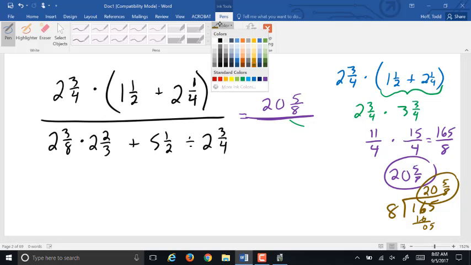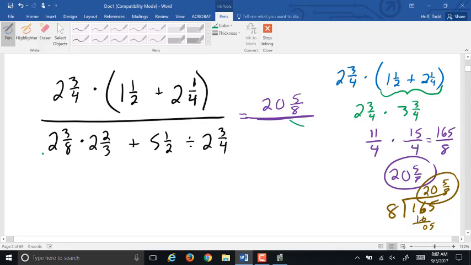On bottom, what do we have to do first? Multiplication and division, we're going to go left to right. 2 3/8 becomes 2 times 8 is 16 plus 3 is 19 eighths. 2 2/3, 8/3.